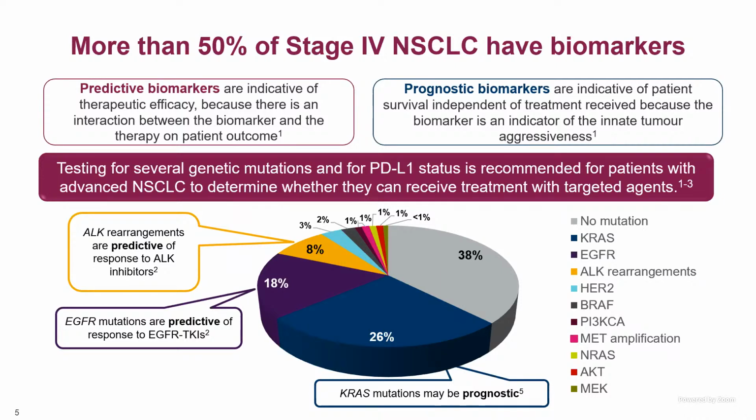Very recently, we have got a drug approved for KRAS mutation positive patients. And then we have EGFR, ALK, HER2/neu, BRAF, PIK3CA, MET, NRAS, AKT, and MEK. So almost a 60% chunk has some form of either immunotherapy markers or oncogenic driver mutations as of now. Next slide.